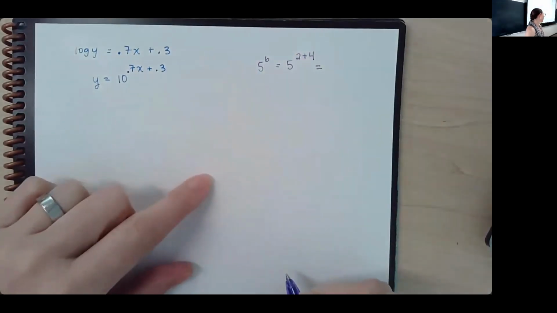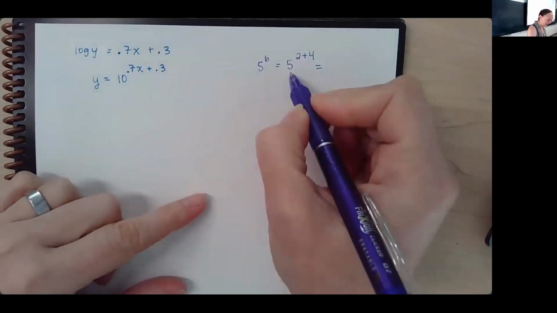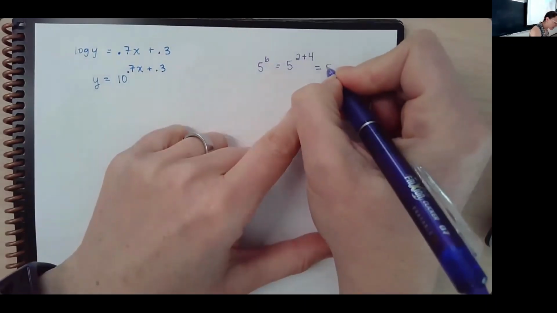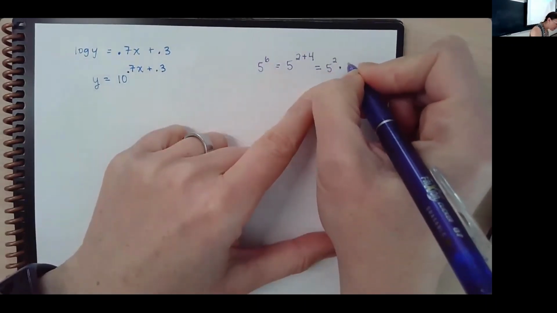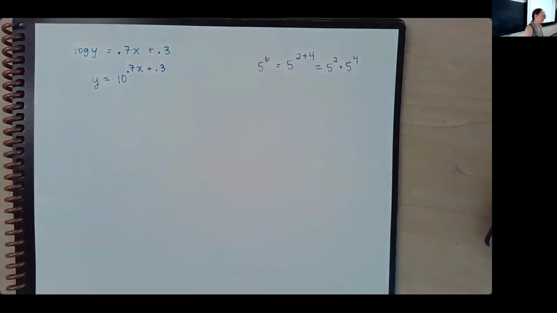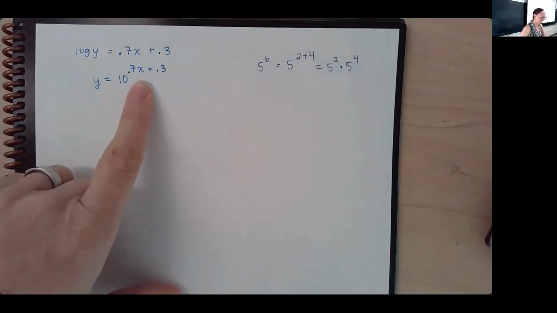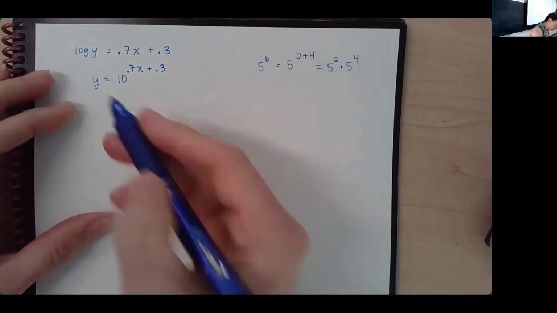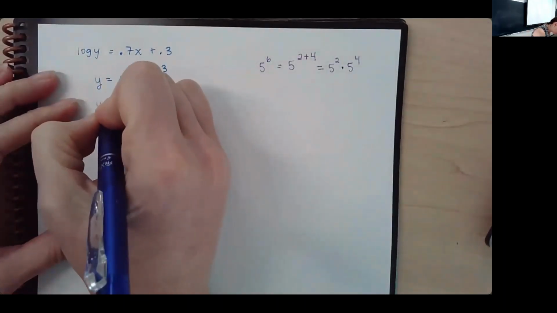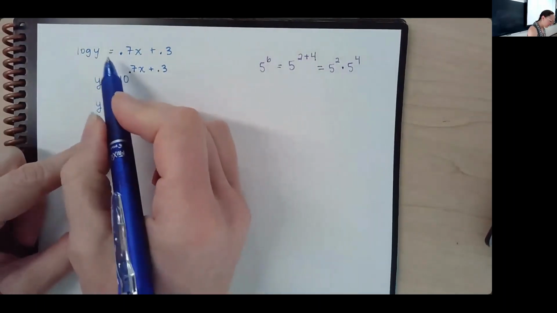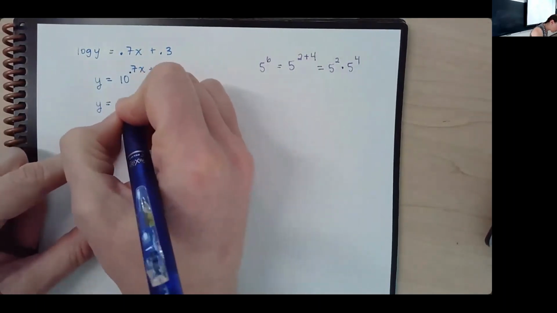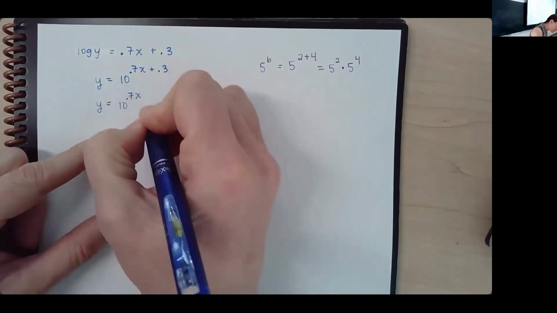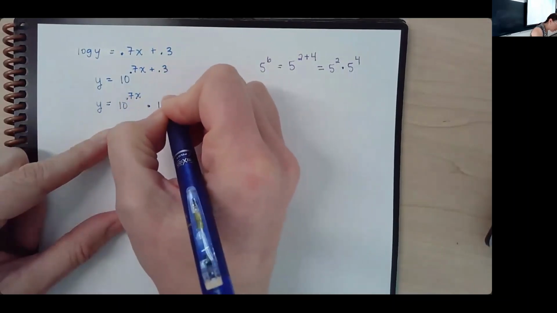But more helpful in this context, 5 to the 2 plus 4 is 5 squared times 5 to the 4th. The number one mistake that I was seeing people make yesterday comes from simplifying this thing. This is 10 to the 0.7x times 10 to the 0.3.